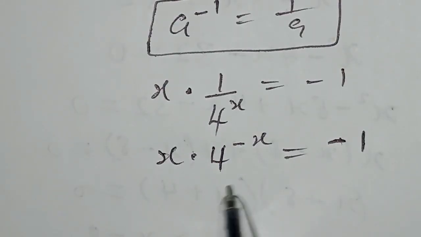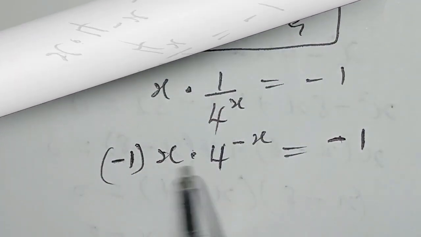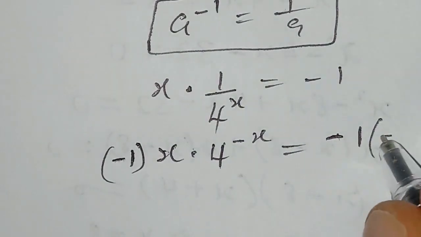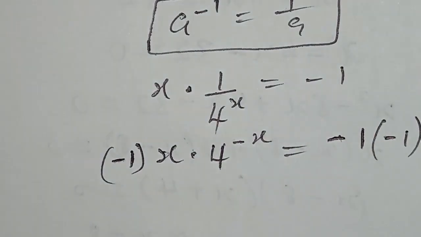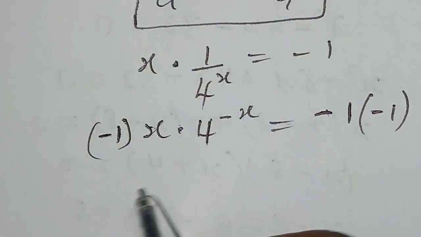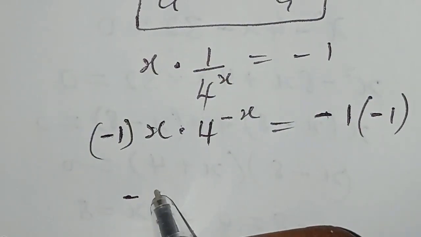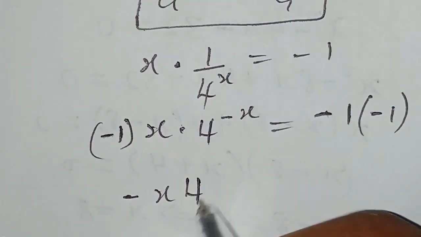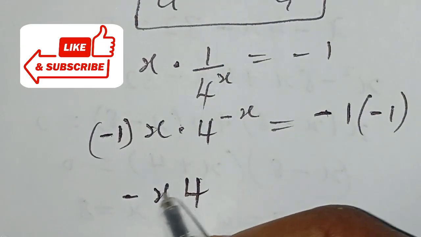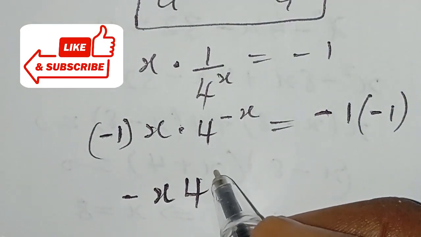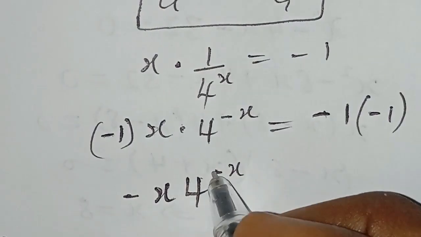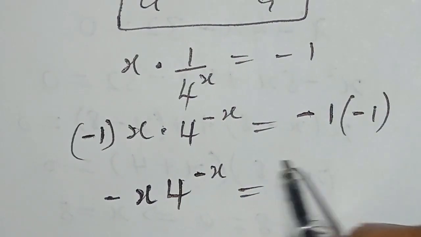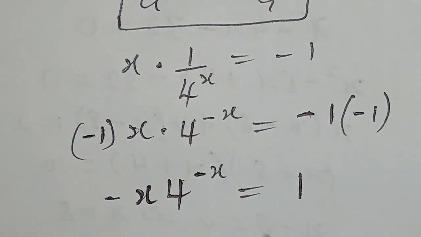From this step, we multiply both sides by minus 1. So this expression now becomes minus x times 4 to the power of minus x equal to minus 1 multiplied by minus 1, and this side becomes 1.